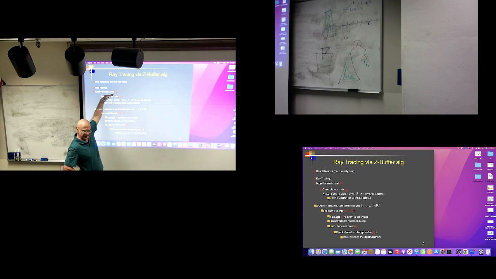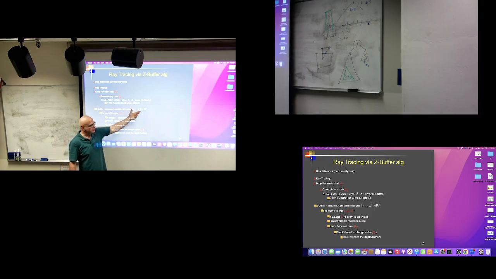That is per pixel, one ray towards the objects. And of course, once you find where this ray hits, maybe you want to recurse to see shading and shadow effects. The Z-buffer algorithm says the opposite.